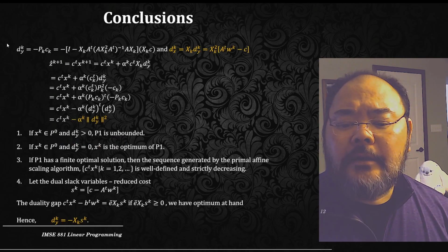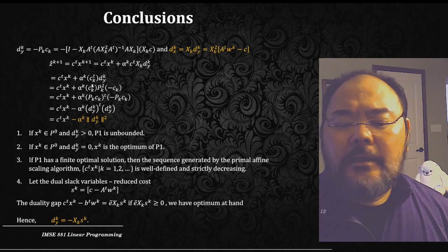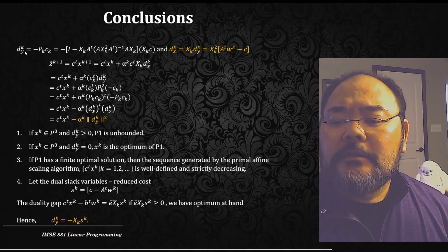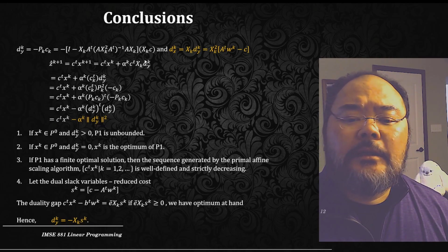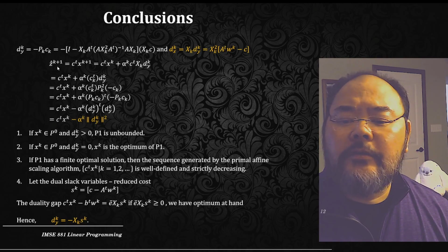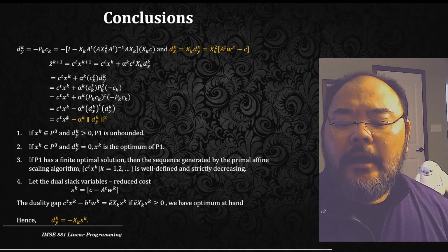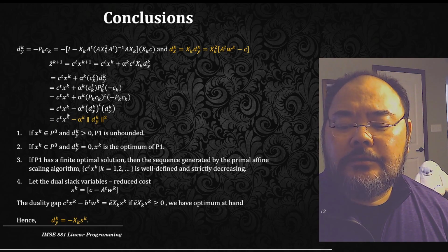Okay, we can calculate the dyk, and dyk can be defined as before, and we can verify the objective function z hat k plus 1 is the original z hat k, the original objective function, minus a definitely positive portion of that.